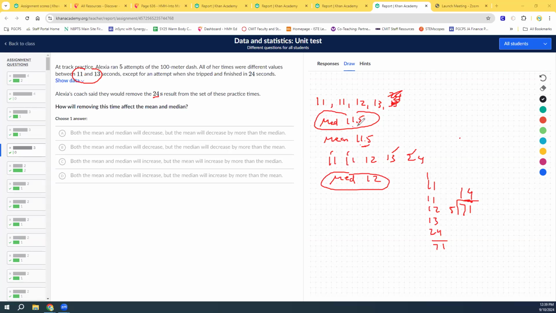The median only changed from 11.5 to 12. So let me just write that next to each other. The median went from 11.5 to 12 because of this 24. That was the mean. The mean changed from about 11.5 to 14. So that is an increase of 3.5. The median only increased by 0.5.